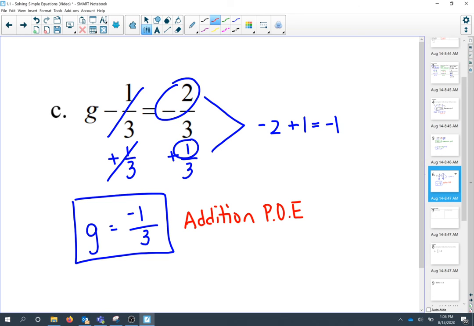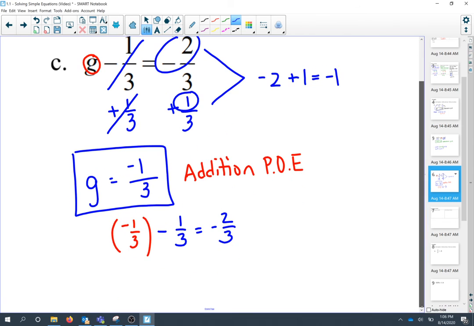Then we're going to check our answer. So I'm going to take the -1/3, I'm going to substitute it right back there into my equation. So -1/3, and when you substitute, you should really get in the habit of using parentheses. Whether they're necessary or not, it's always a great habit. You always put it in parentheses. -1/3 equals -2/3.